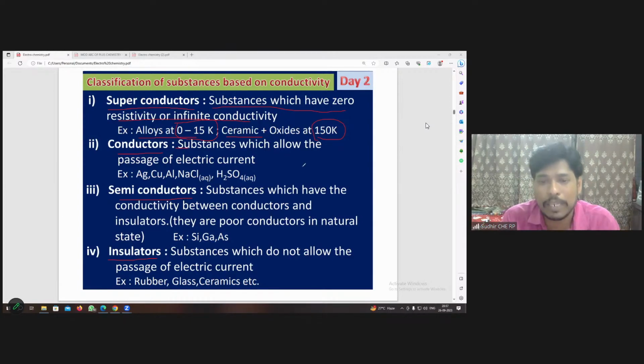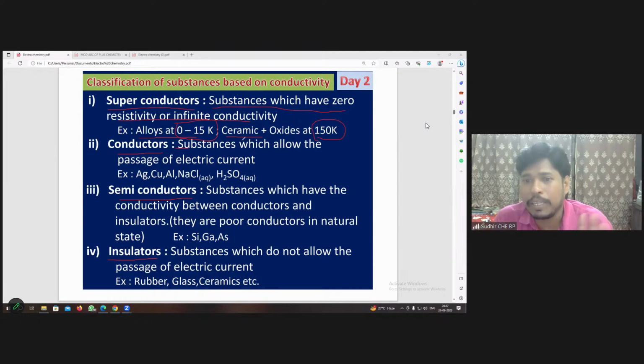There, in carbon and its compounds, we have one important allotrope of carbon, that is fullerene, Buckminster fullerene. It is like a football. That Buckminster fullerene is also a very good example for the superconduction property of substances.